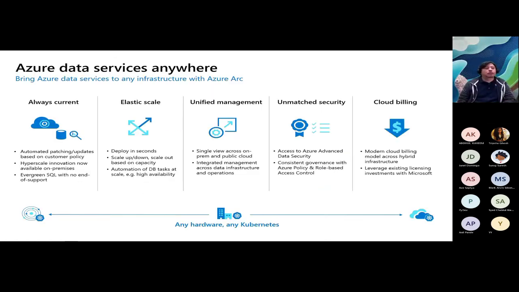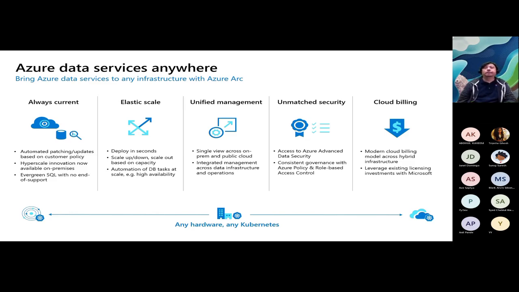So about the Azure Arc, in the end, with Azure Data Services anywhere, you can bring data services to any infrastructure. You'll be able to be always current on latest version with automated deploys. You can elastic scale deployment resources in seconds, scaling up and down based on capacity.